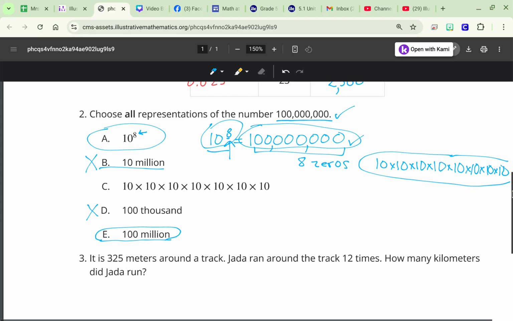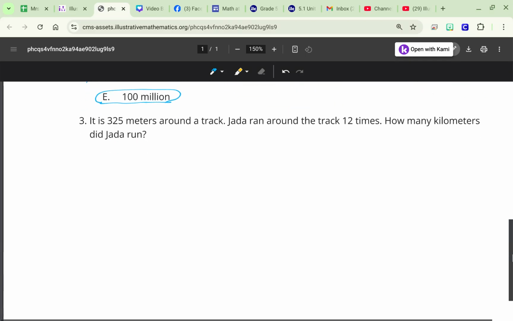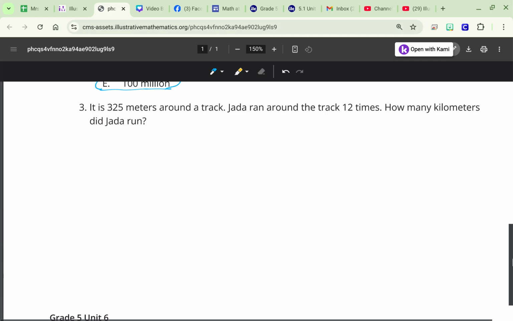So that's what we need to look for here. Do we have 8 tens being multiplied together? Let's count them. We have 1, 2, 3, 4, 5, 6, 7. This represents 10 to the power of 7, which is not the same as 100 million, and it's not the same as 10 to the power of 8. So I know that C is not an answer that I should choose. The only answers that we should choose should be A and E. Now let's go ahead down and let's take a look at number 3.